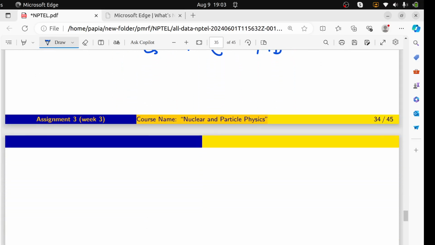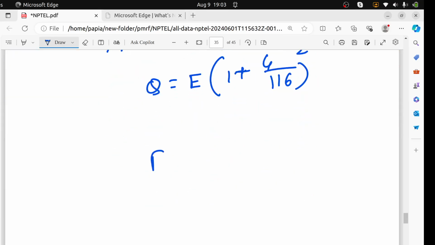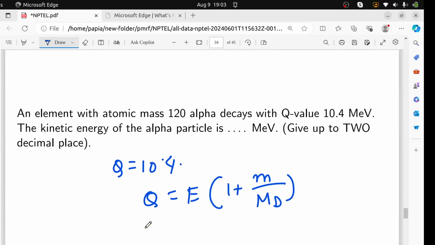So X 120 will go as Y 116 plus alpha (2, 4). Then Q is E into (1 plus 4 divided by 116). E will be 10.4 divided by (1 plus 4 divided by 116).